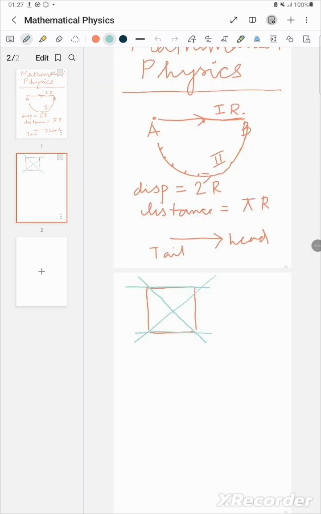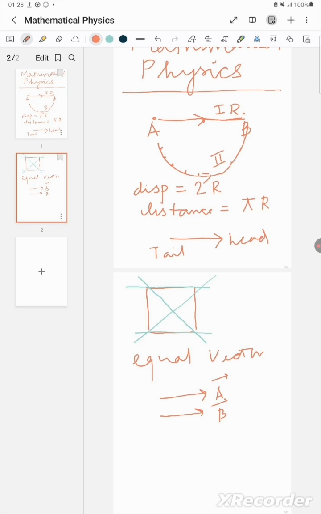Now let us look into some types of vectors. So basically there are many types of vectors, starting off with equal vectors. Equal vectors are vectors which have the same magnitude and direction. So consider a vector A and consider another vector B. They will be considered equal if and only if they have the same magnitude and the same direction.